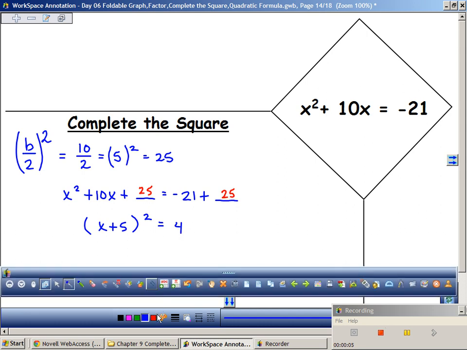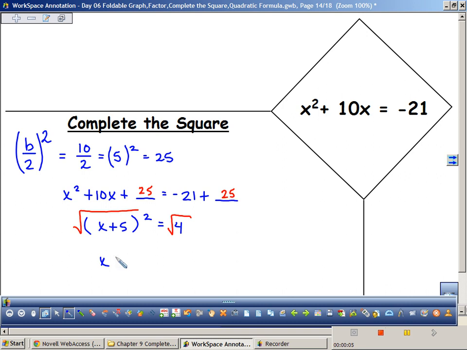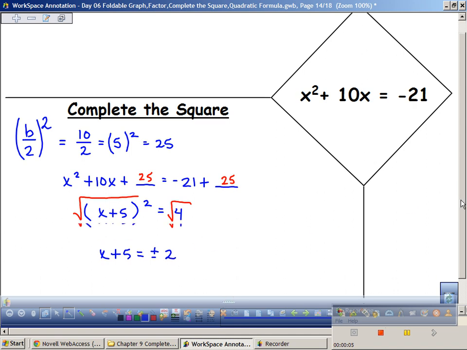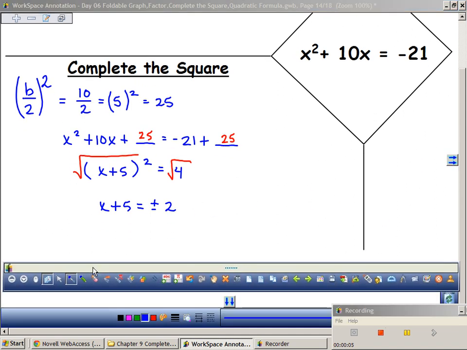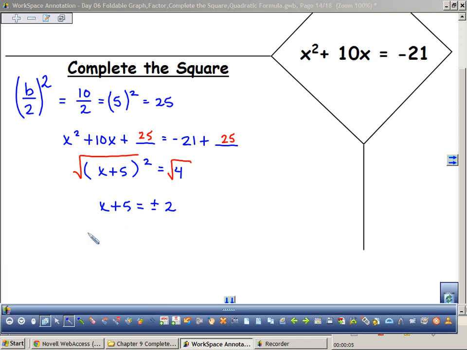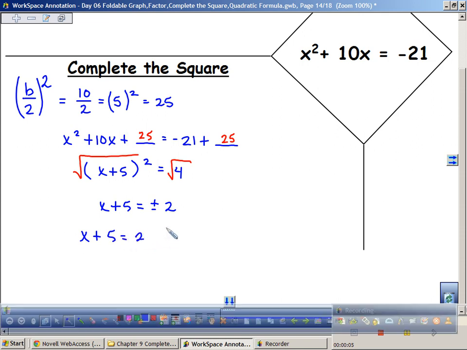What's my next step? Take the square root of everything. When I take the square root of everything, I get x plus 5 equals plus or minus what? 2. Good job, guys. What's my final step? Set them both up. X plus 5 equals 2, or x plus 5 equals negative 2.